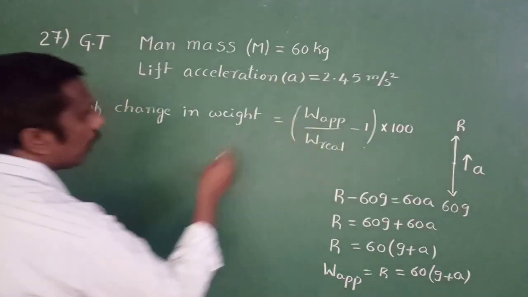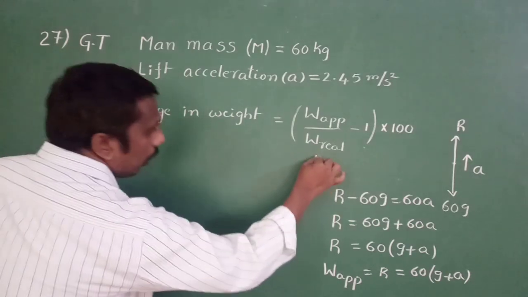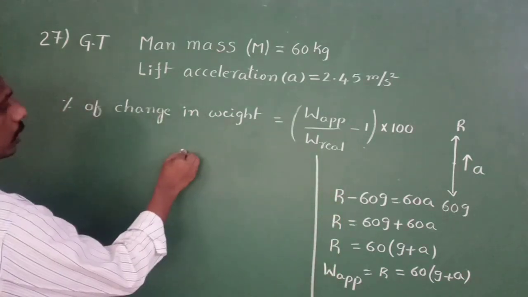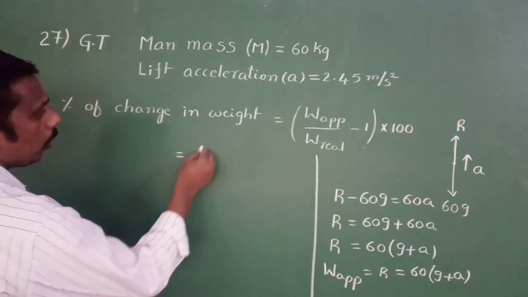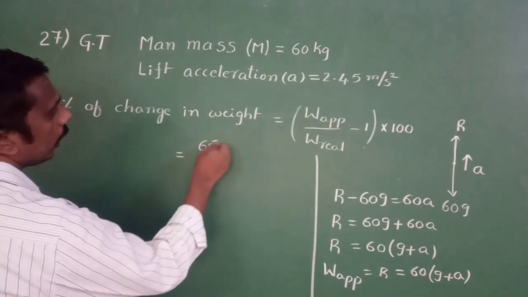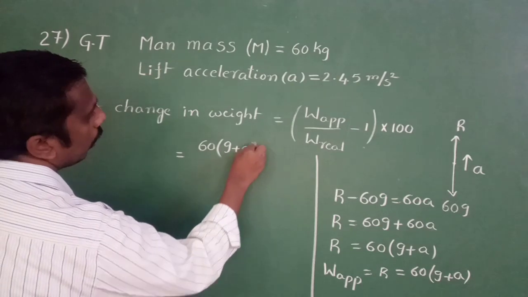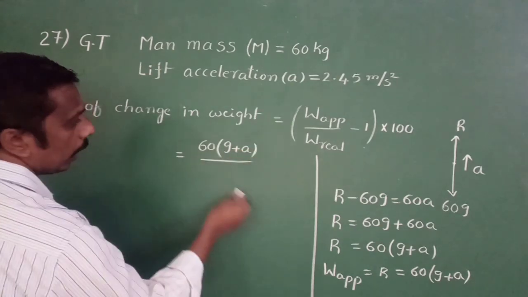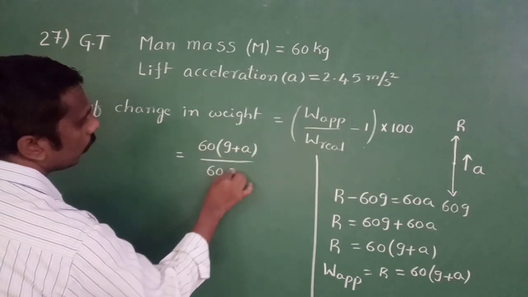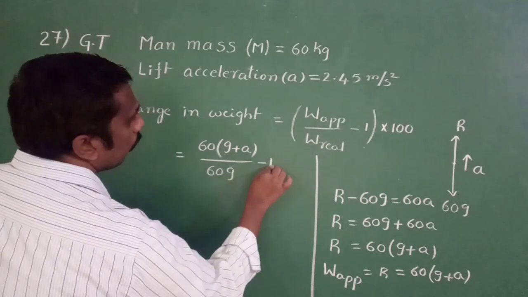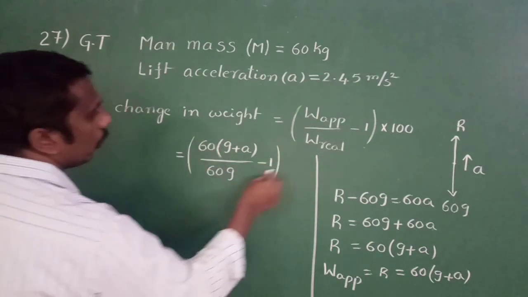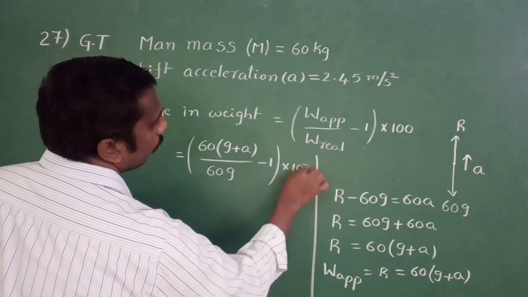Substitute the apparent weight value and real weight in this formula, then we get percentage change is equal to W apparent, 60 into g plus a, by real weight, 60 into g, minus 1, into 100.